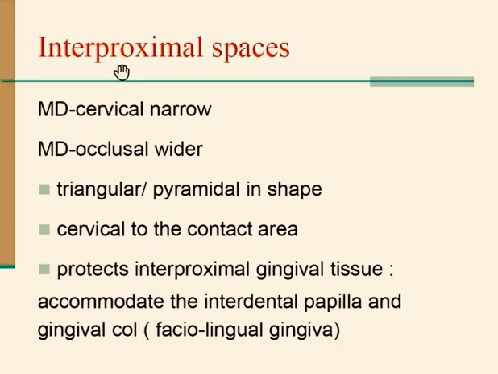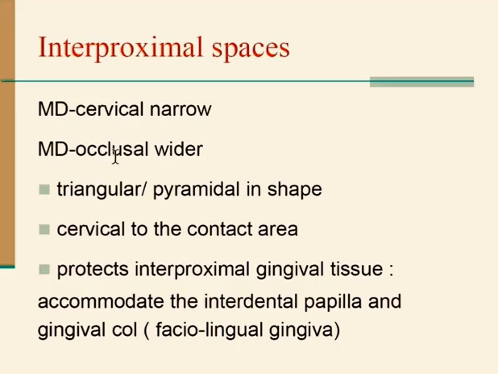Now, thirdly, moving to the spaces in between the teeth, when viewed from the facial and the lingual aspects, the teeth are narrower at the cervix, while wider at the occlusal or the incisal surface.